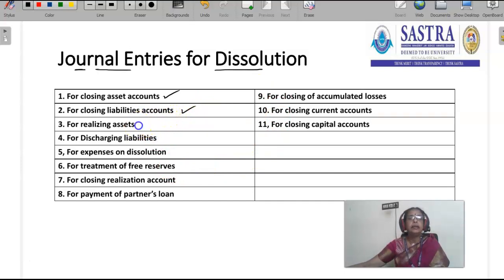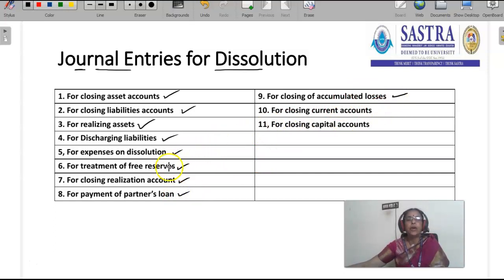Then after transferring the assets to the realization account, the firm has to sell the assets, and then as the next step, it has to settle the liabilities. Then it has to meet the expenses on realization. Then free reserves of profit should be transferred to partners' capital accounts. Then they have to close the realization account, and that realization profit or loss should be transferred to partners' capital accounts. Then they settle the partner's loan.